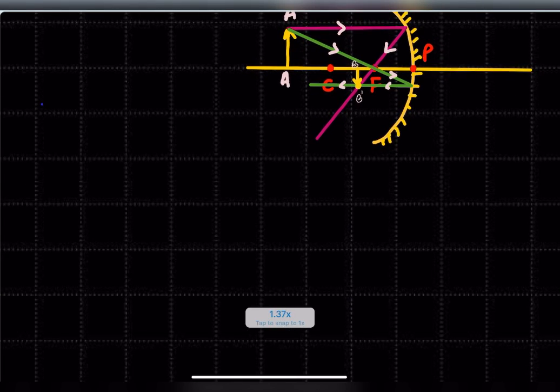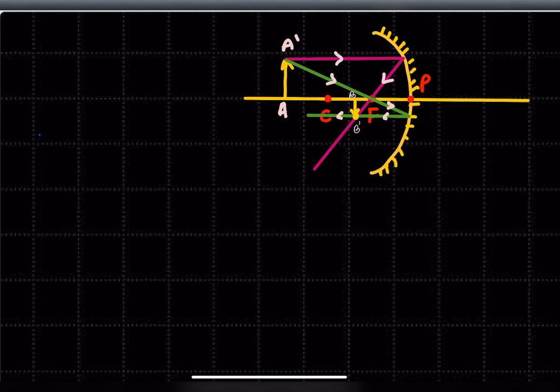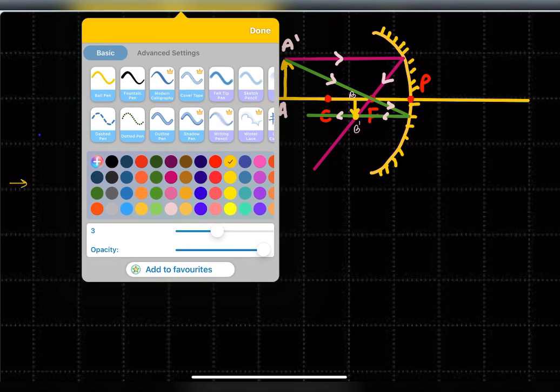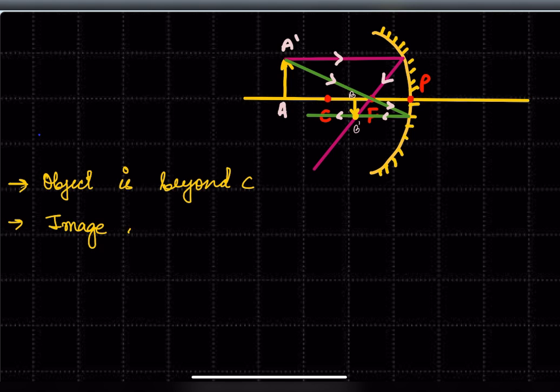The conclusions that we can draw are, first conclusion, let me write down. Where is my object? Object is beyond C, backside of center of curvature. Where is my image formed?